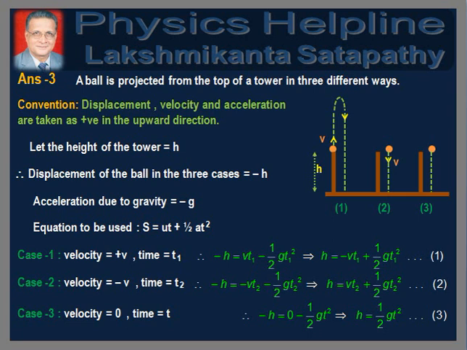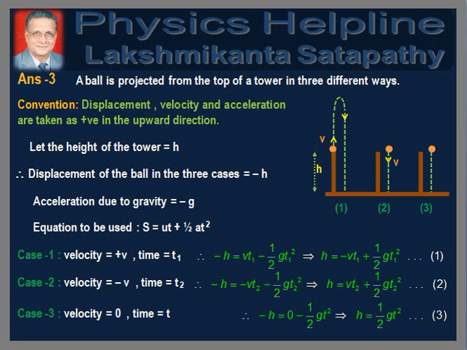In the first case, the ball is projected upwards with speed v. Therefore, initial velocity is equal to plus v. Acceleration is equal to minus g. Time taken is equal to t1 and displacement is equal to minus h.